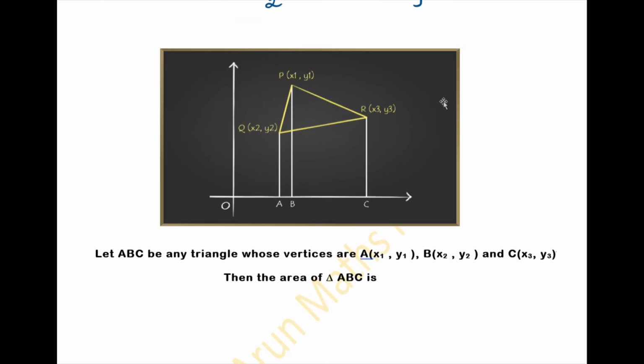What in case the coordinates of the vertices are given? The vertices are A, B and C. Its coordinates are x1, y1, x2, y2 and x3, y3.